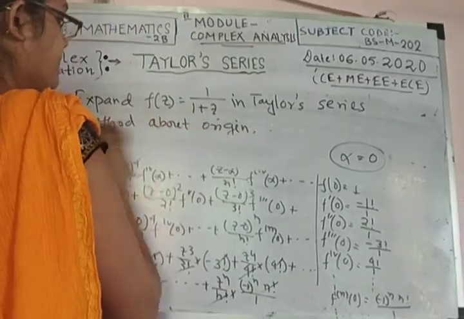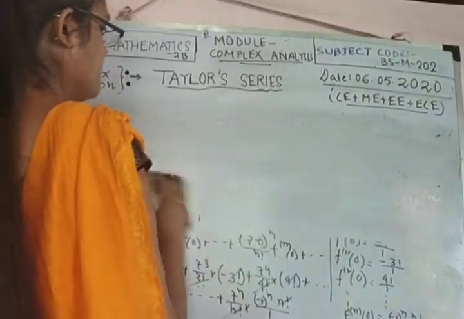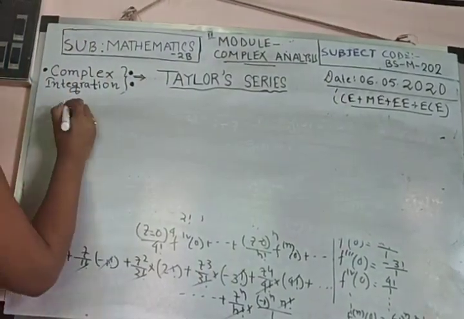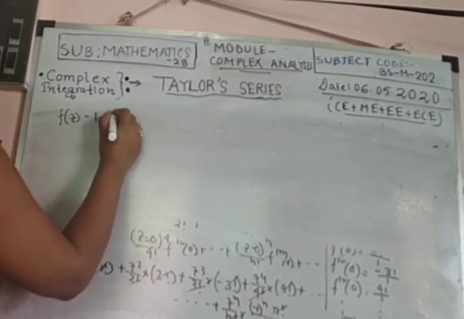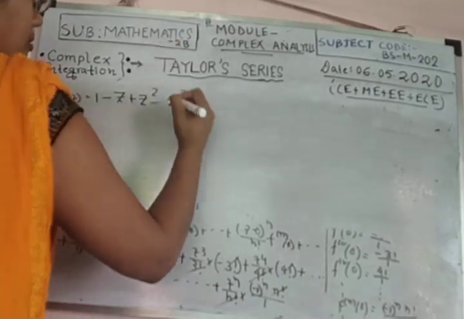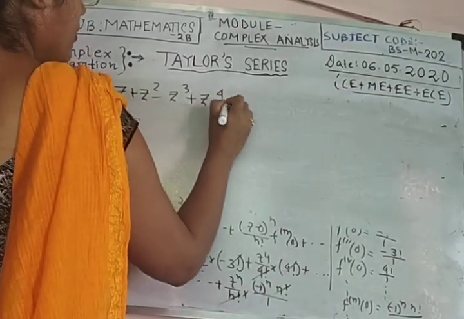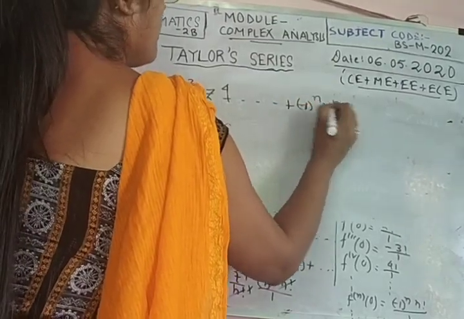So now the final result is f(z) equals 1 minus z plus z square minus z cube plus z4, up to minus 1 to the power n z to the power n.